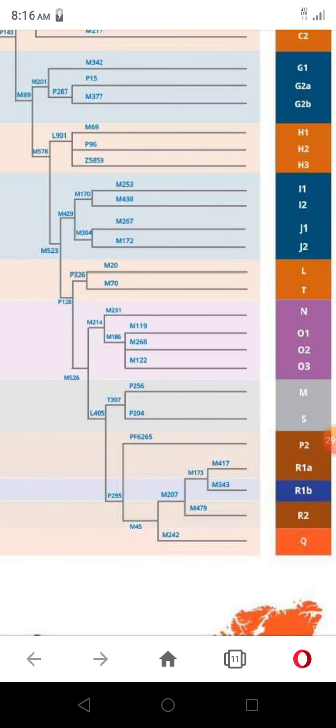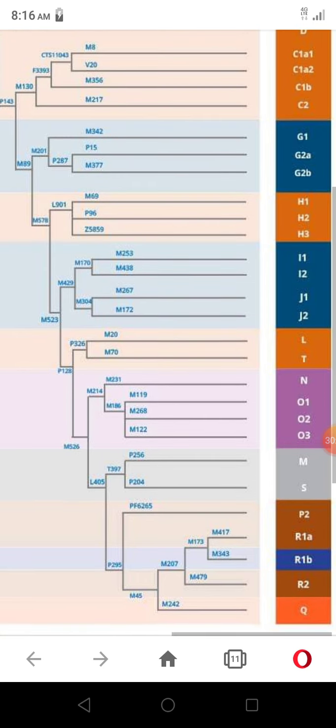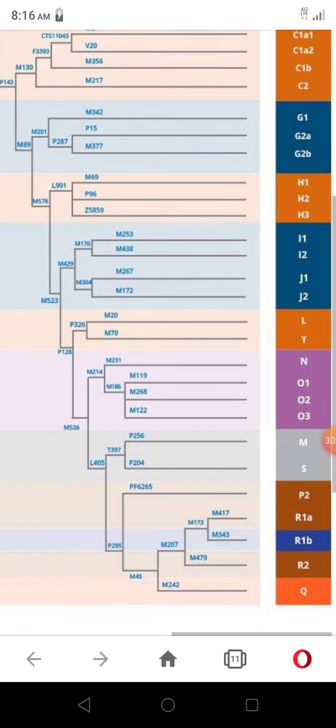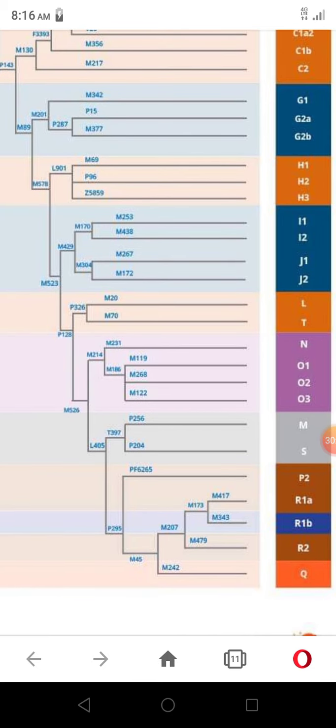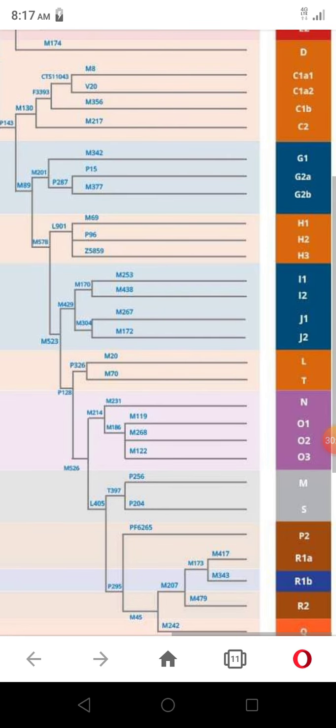So, other than that, let's see, the hybrid. So the G, the H, the I would be your Scandinavian grouping of people.